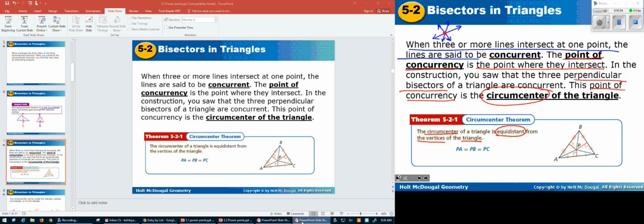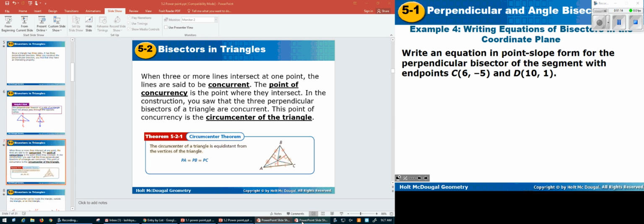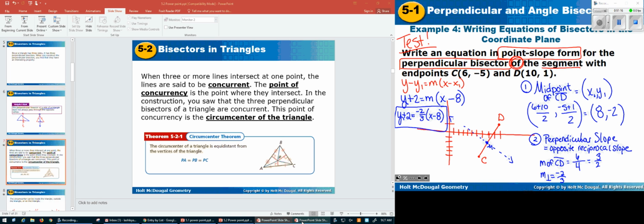The circumcenter theorem says if you have perpendicular bisectors, and you're going to have to be able to tell by looking at the picture. So when you look at the picture, you're going to look at the markings. Perpendicular, bisected, perpendicular, bisected, perpendicular, bisected.